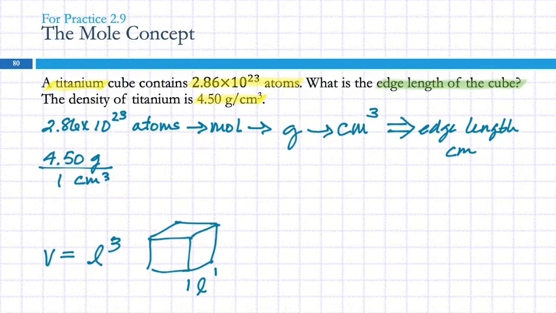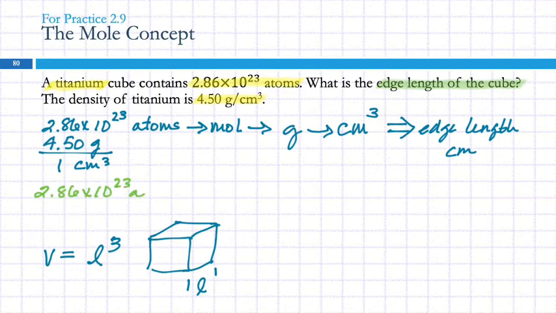Okay, I'm going to switch colors just so things don't get too mixed up. So 2.86 times 10 to the 23rd atoms.